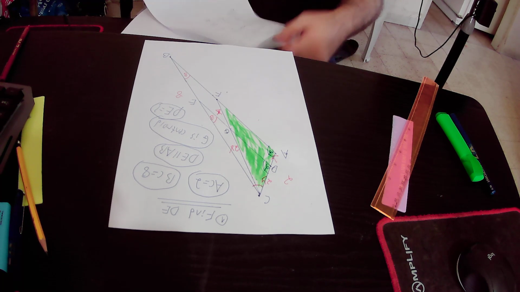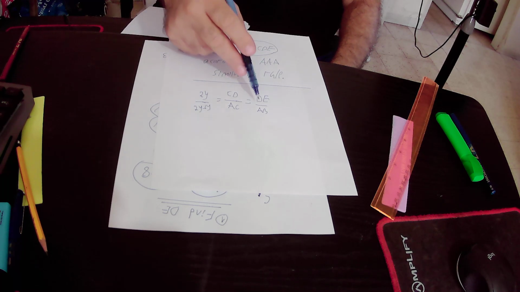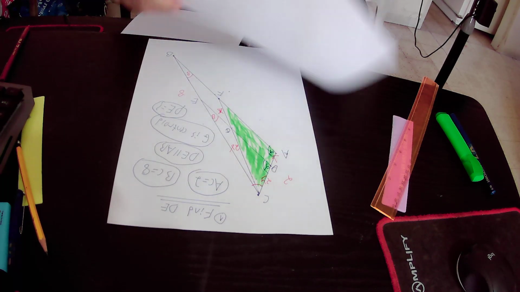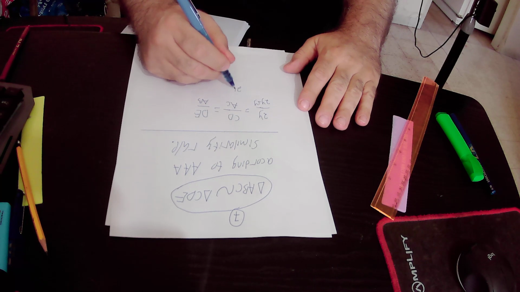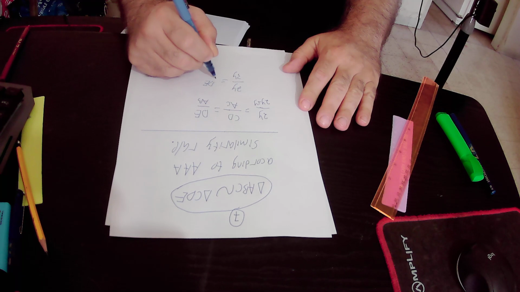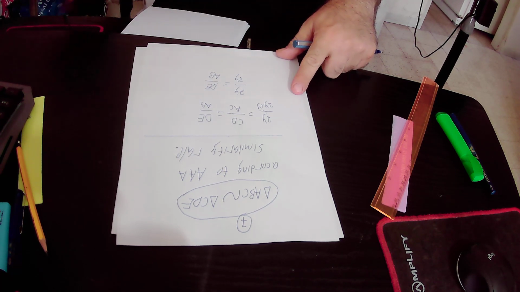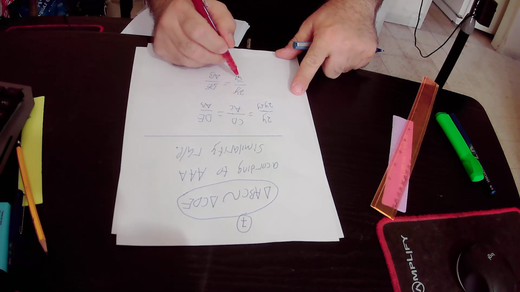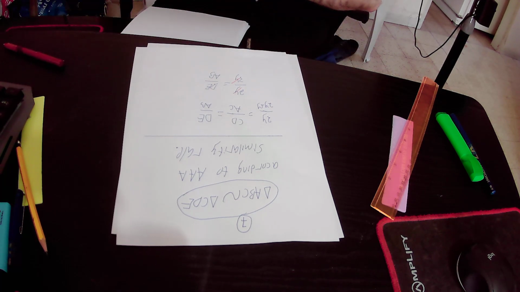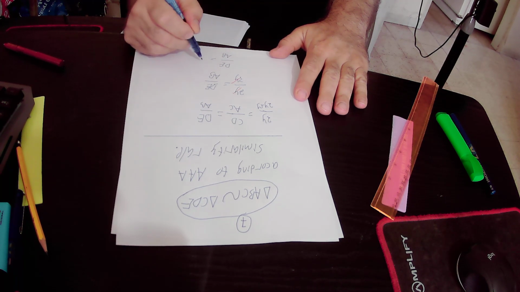So we found out that 2y over 3y equals DE over AB. Y over y is 1, so y gets cancelled, and we are left only with 2 over 3. So we found out that DE over AB equals 2 over 3.